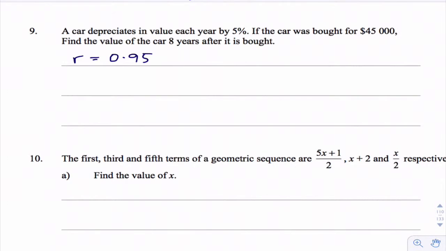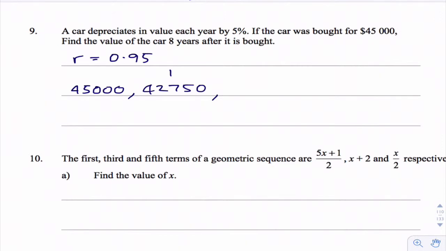Now, the first term here is $45,000. Okay, so here's the trick. That's how much the car is when we bought it. After 1 year, the car will be valued at $45,000 times 0.95, which is $42,750. Okay, that is what the value of the car is after 1 year.